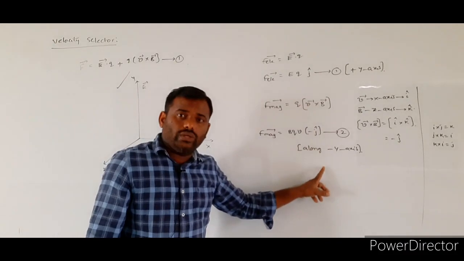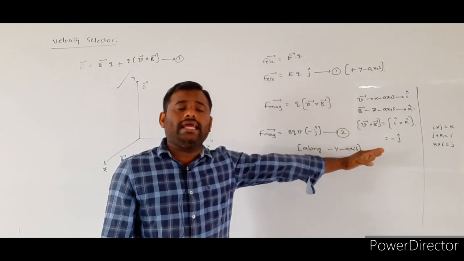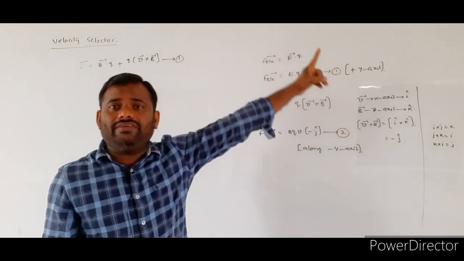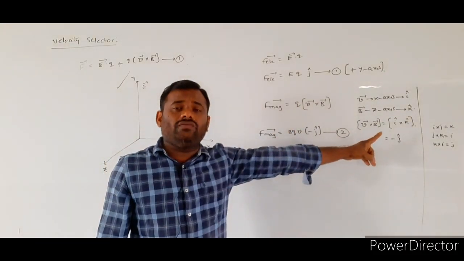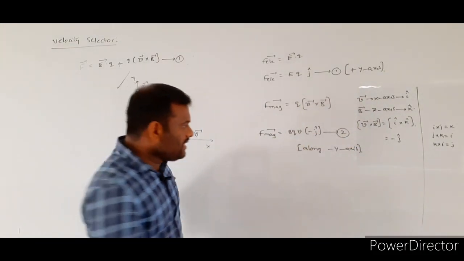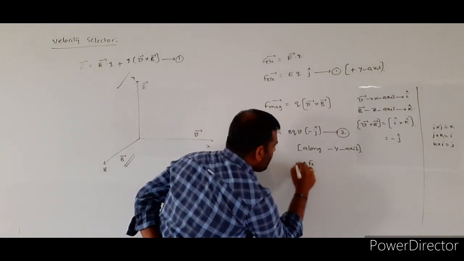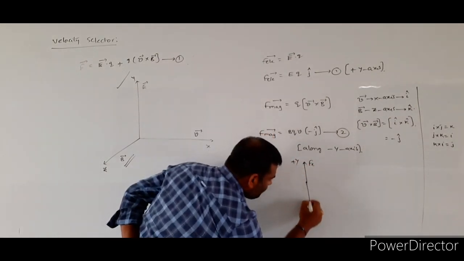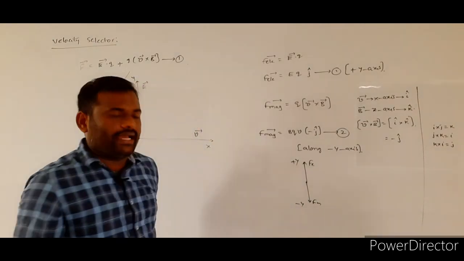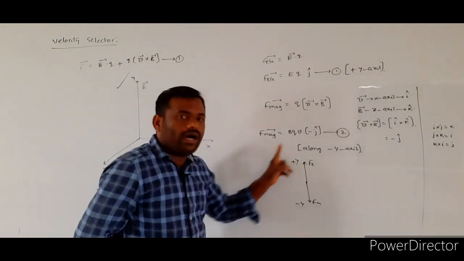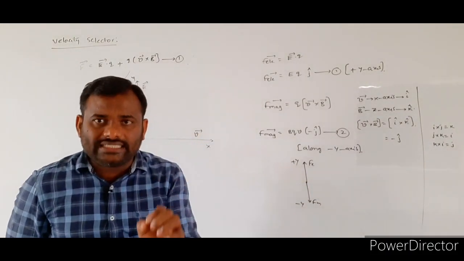If you observe these two equations, the force due to the electric field acts along the positive y-axis, and the force due to the magnetic field acts along the negative y-axis. That means these two forces are always acting in opposite directions.